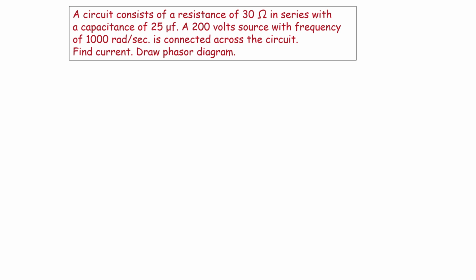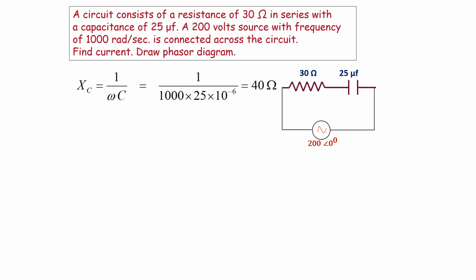By doing this problem, we will understand how to use the rectangular and polar form of a complex number Z to solve the problems. This is the RC branch which is said in the problem. R has 30 ohms. The capacitance has 25 microfarads. A voltage source is connected across the series branch.